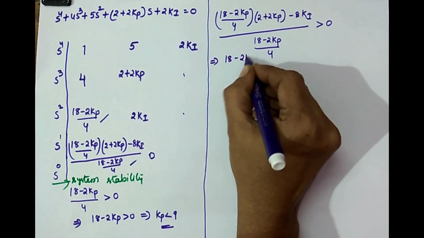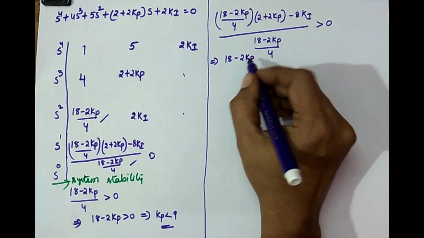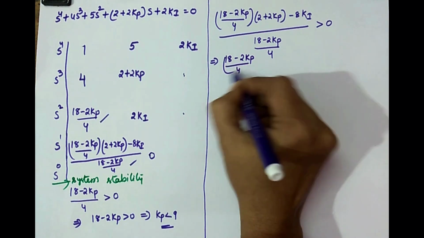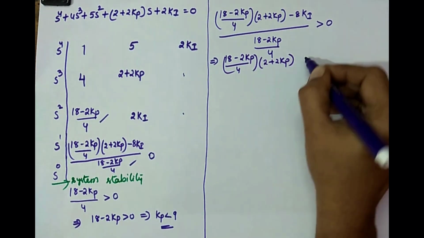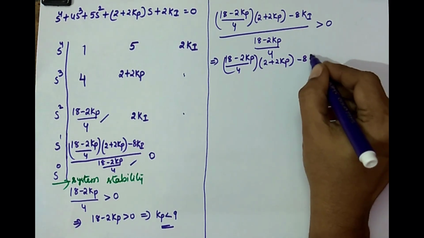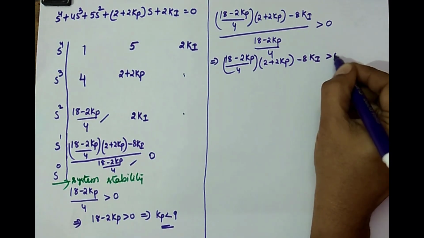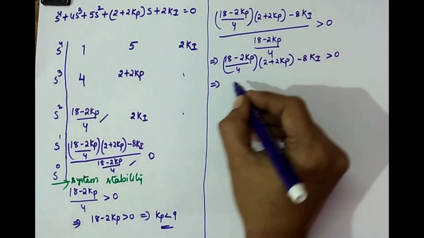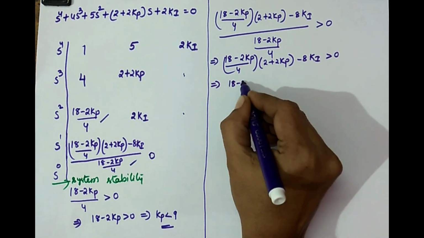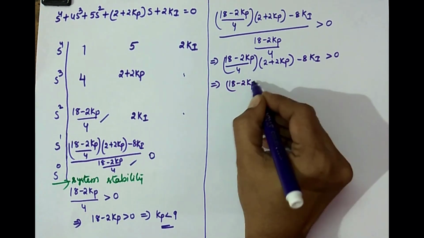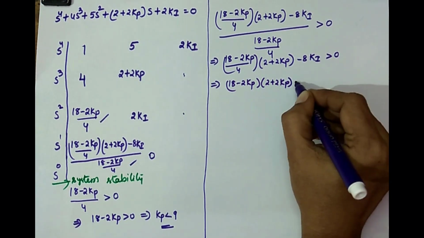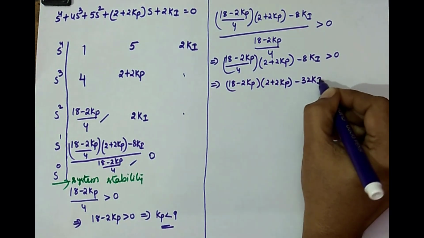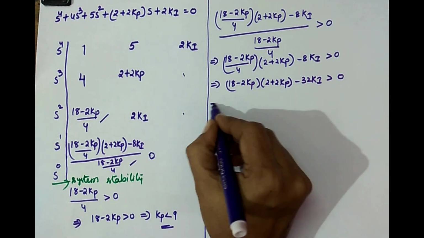This implies (18 minus 2 Kp) by 4 into (2 plus 2 Kp) minus 8 Ki is greater than 0. So (18 minus 2 Kp) into (2 plus 2 Kp) minus 32 Ki is greater than 0.